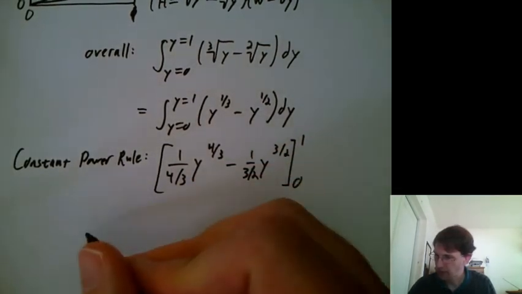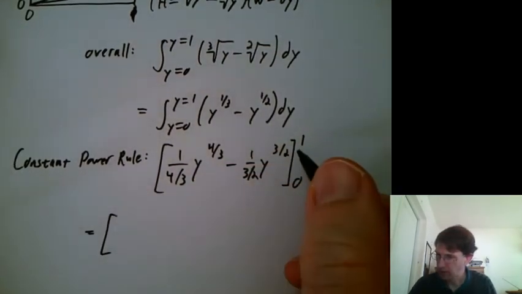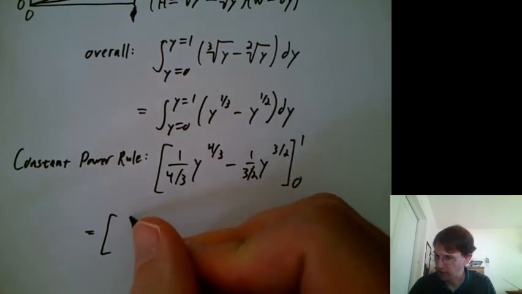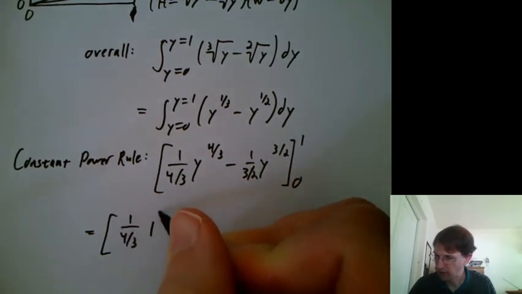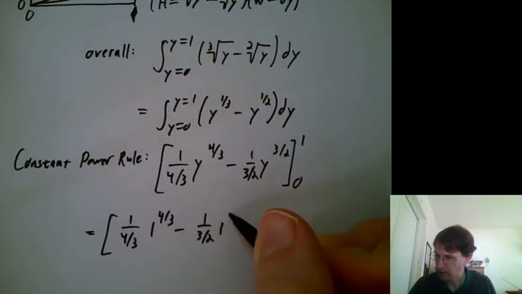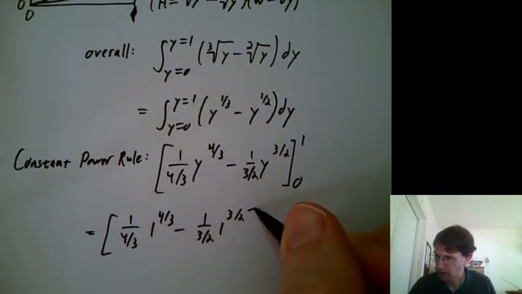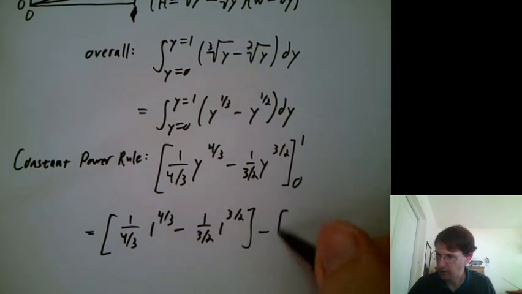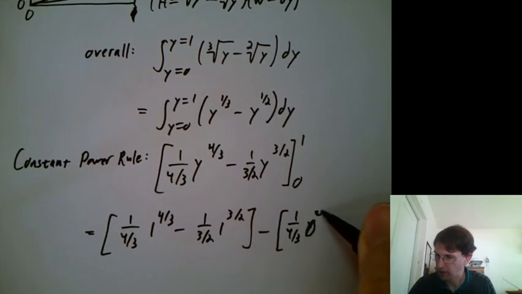So let's do one more step here. We would plug in 1, right? So we'd get 1/4 times 1 to the 4/3, minus 1/(3/2) times 1 to the 3/2, minus what you get when you plug in the 0: 1/4 times 0 to the 4/3, minus 1/(3/2) times 0 to the 3/2.